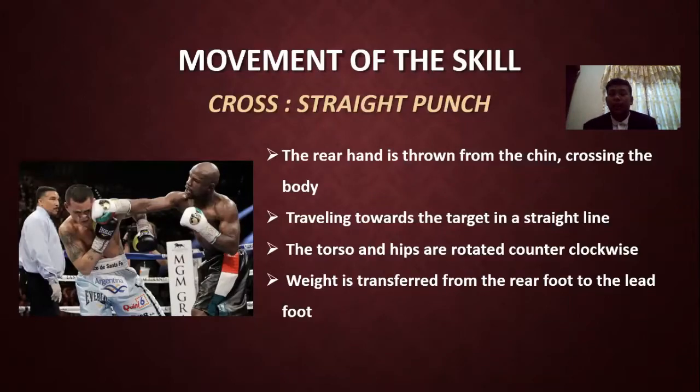This happens because the torso and hips are rotated counterclockwise to perform this movement. Weight is transferred from the rear foot to the lead foot. It means if you perform this movement with your right hand, your rear foot is right and your lead foot is left.